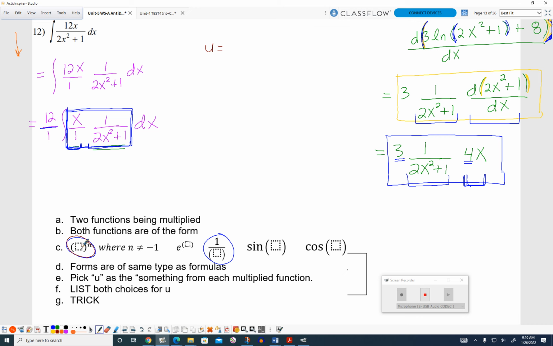So the something there is just x. So we'd always pick the u as the something. Write that down. We go to the second multiplying function, and we notice for the second multiplying function, that's this one, 1 over something. We always pick the u as the something. So u is going to equal 2x squared plus 1. Questions?